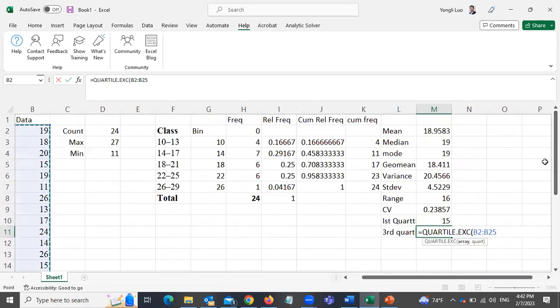Then comma 3, that's the third quantile. So you got this one, that's the third quantile.